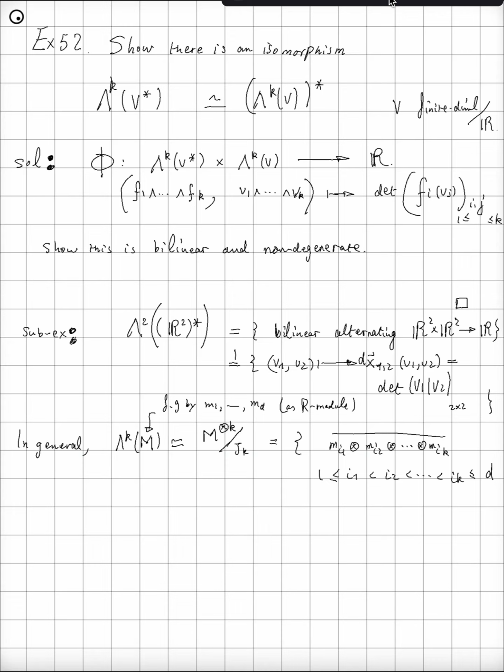This is a generating set, which means this is the span of this. Not only the span of this, I really mean this is the basis of it. And we denote this by wedge.